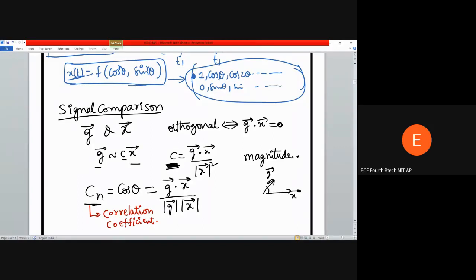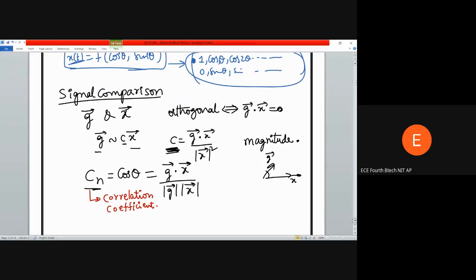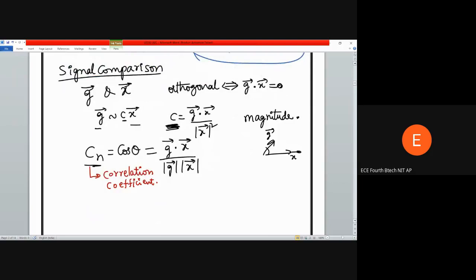Now let us observe what values it can take, and the very first thing to observe is whether it has the effect of magnitude or not. If I multiply the vector g bar by 10, both numerator and denominator get multiplied by 10, and hence you don't find any effect on the correlation coefficient.